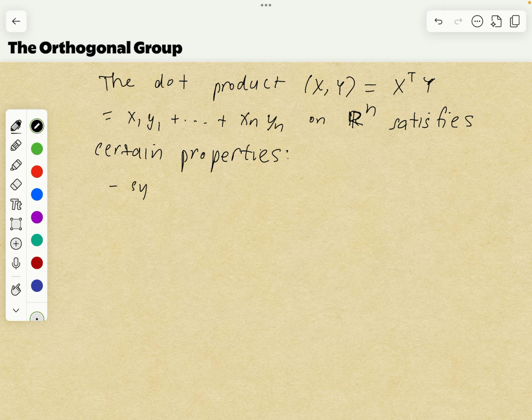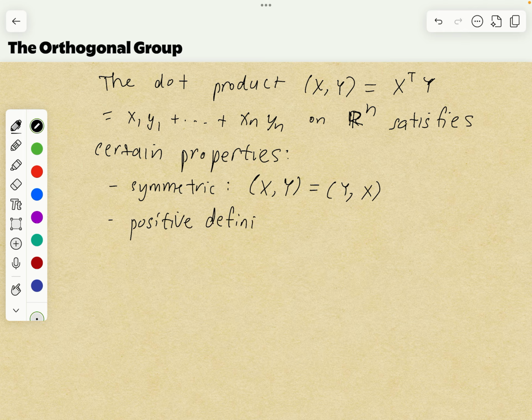So one of them is it's symmetric, meaning that the dot product of x and y is equal to the dot product of y and x. Another property is it's positive definite, meaning that whenever x is not equal to the zero vector, the dot product of x with itself is positive.